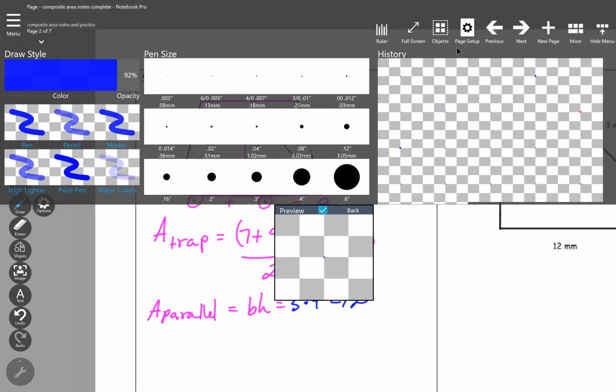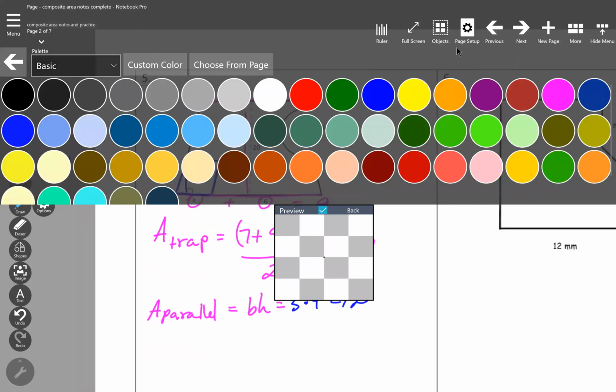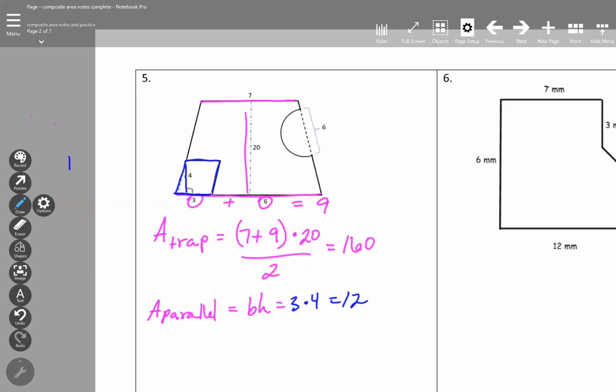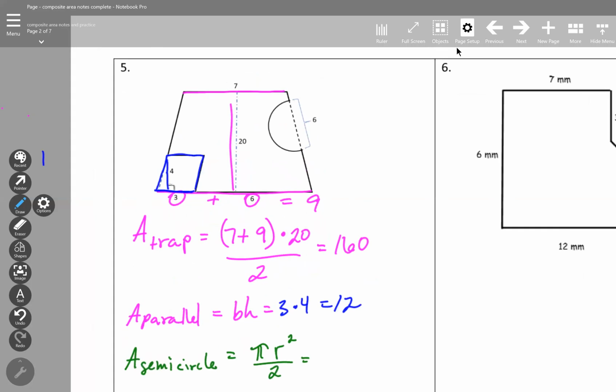And then now we'll get the semicircle. Okay, area of the semicircle. It's pi r squared, and then we only want half, so divide by 2. So now we have to look carefully at our picture here. This 6 is all the way across, but we only want half of it. So what is 6 divided by 2? 3.